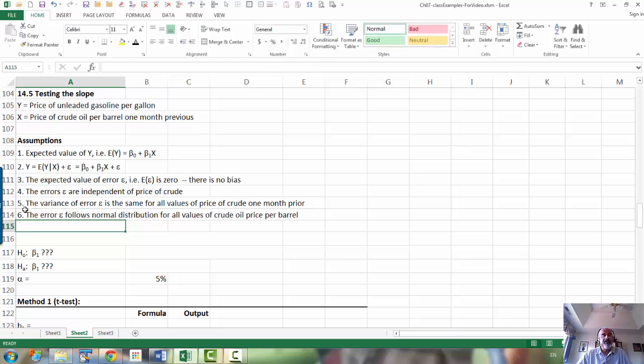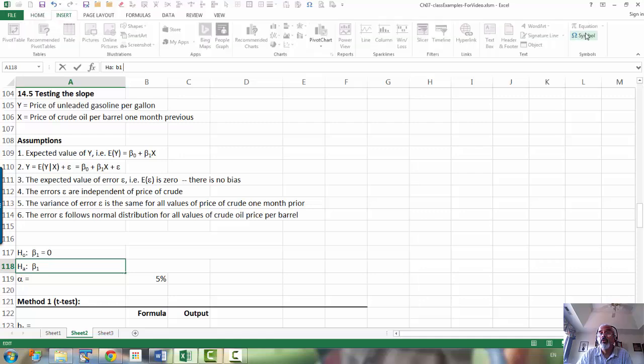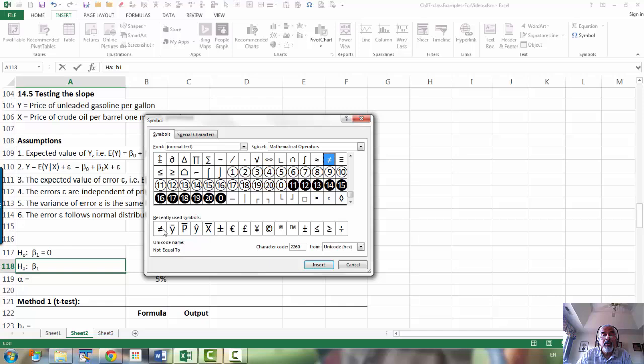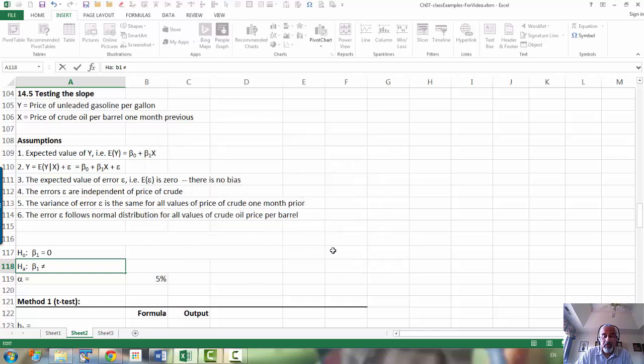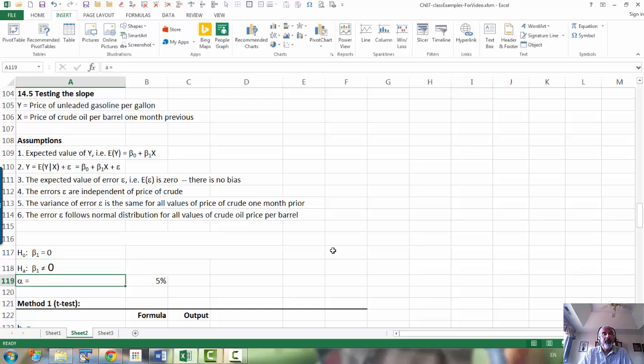Then given these assumptions, we want to test whether the slope here is 0 or not equal to 0.